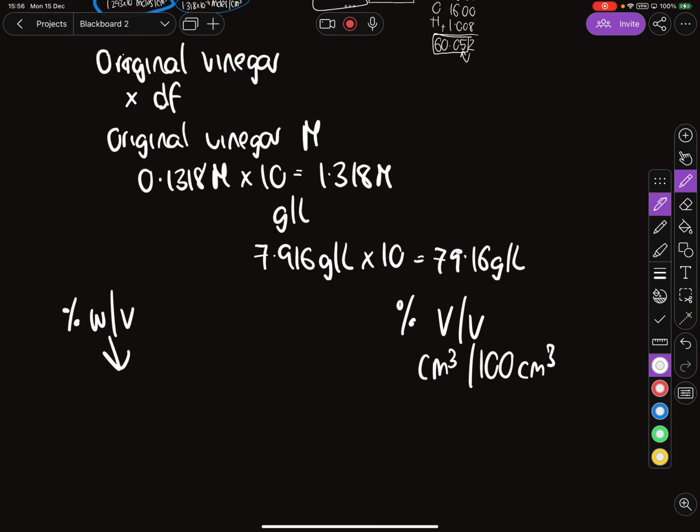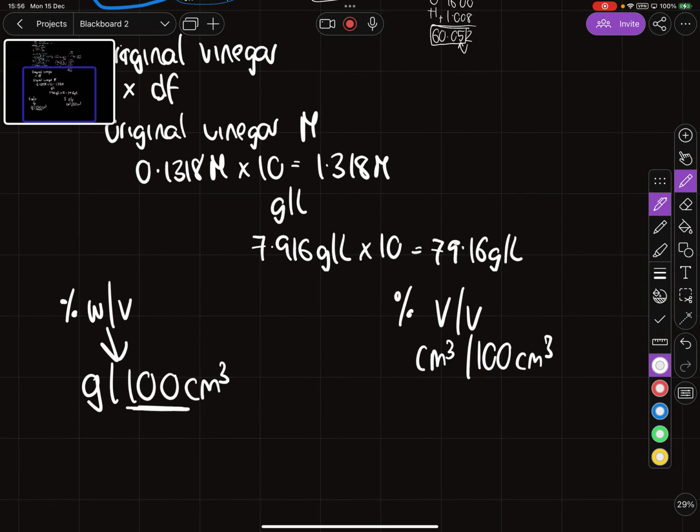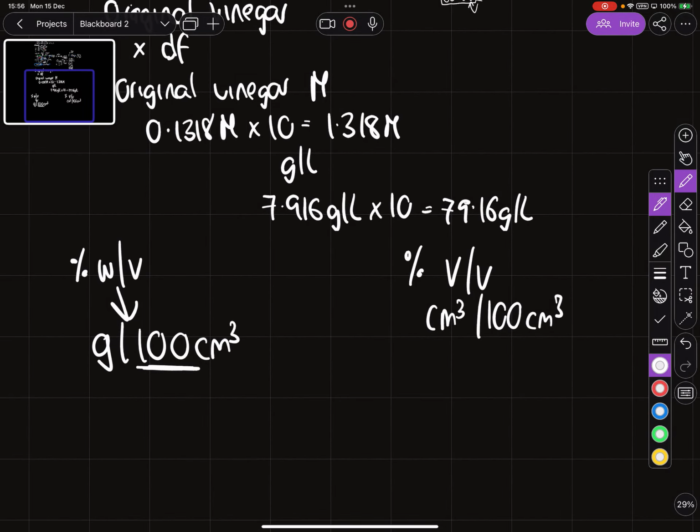When we talk about vinegar, we're going to talk about percent weight per volume, and this means grams per 100 centimetres cubed. Now, if I had money for every time somebody gets this wrong, I would be very, very rich.